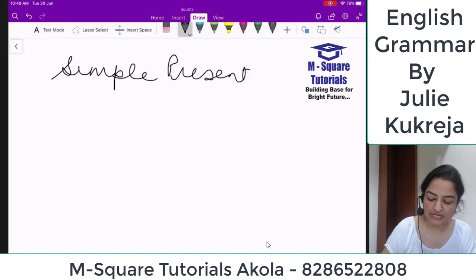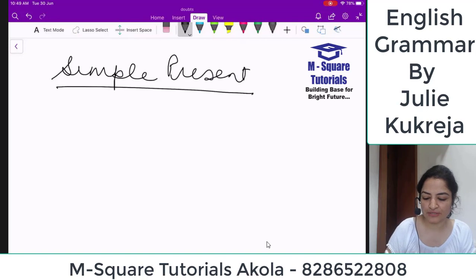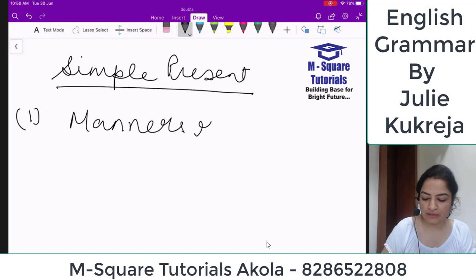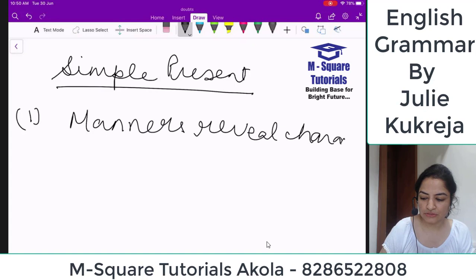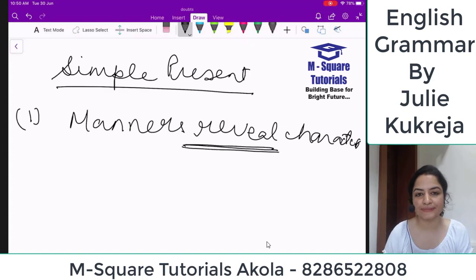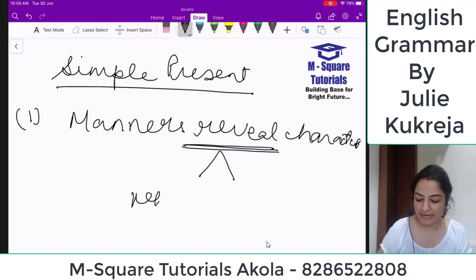So in order to change the voice, for example, one sentence is: manners reveal character. We'll go technically. You have to first see the verb, and then on that verb you have to apply what or whom.